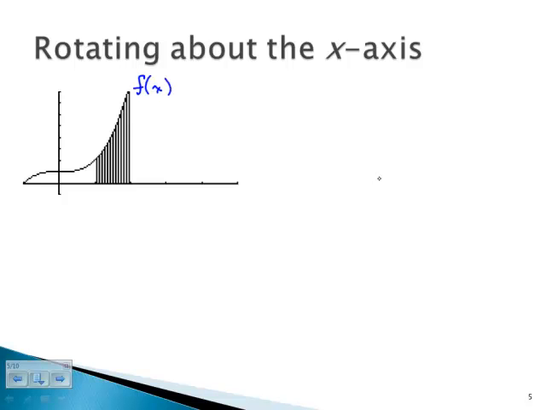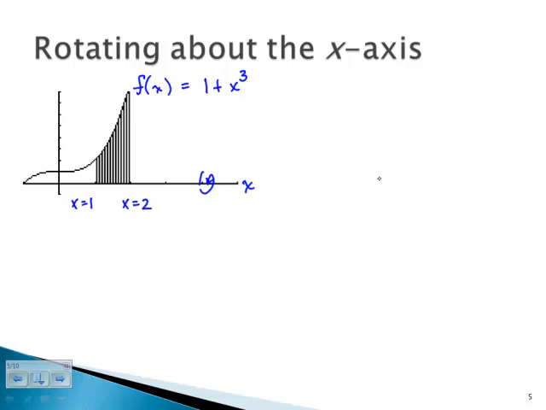Here we have the curve y equals, or f of x equals, 1 plus x to the third power. We have the lines x equals 1, x equals 2, and y equals 0, which is just the equation of the x-axis. And we're rotating about the x-axis.